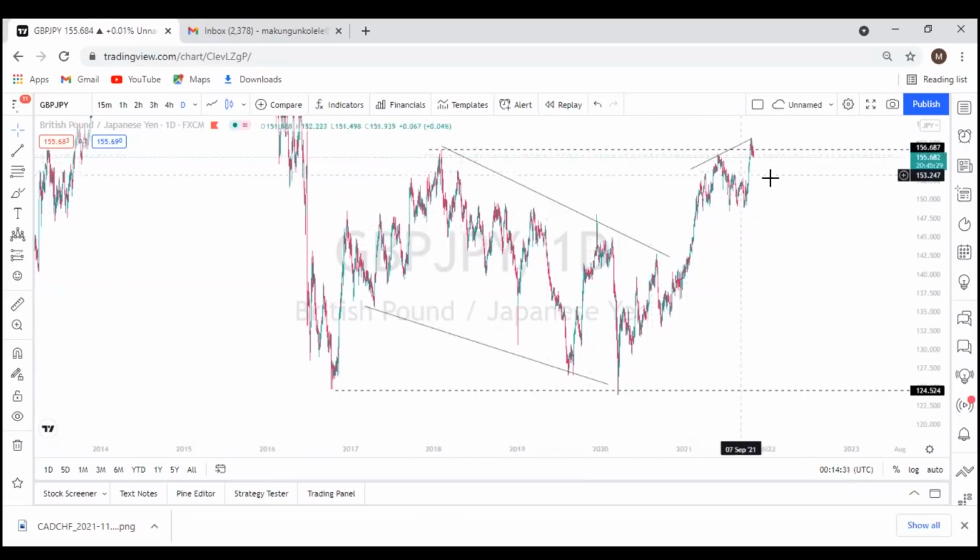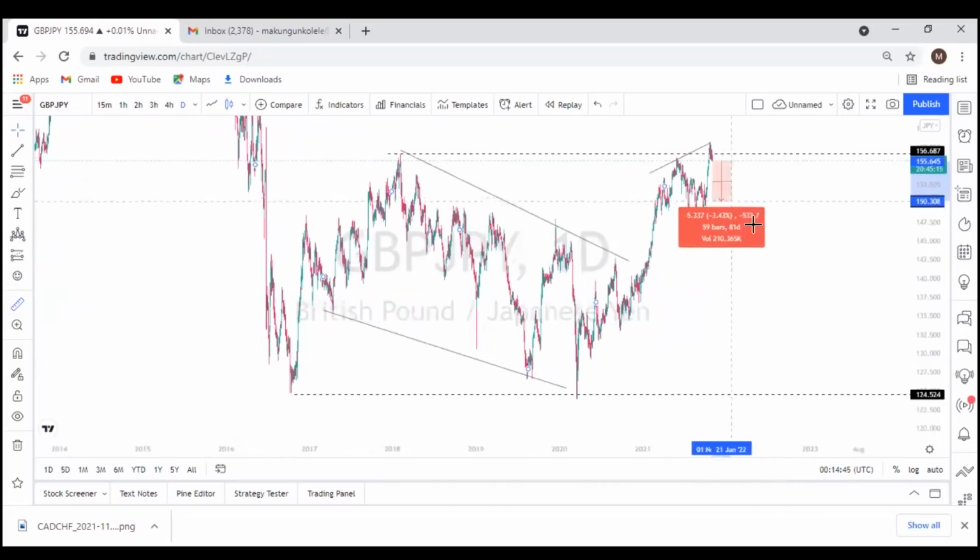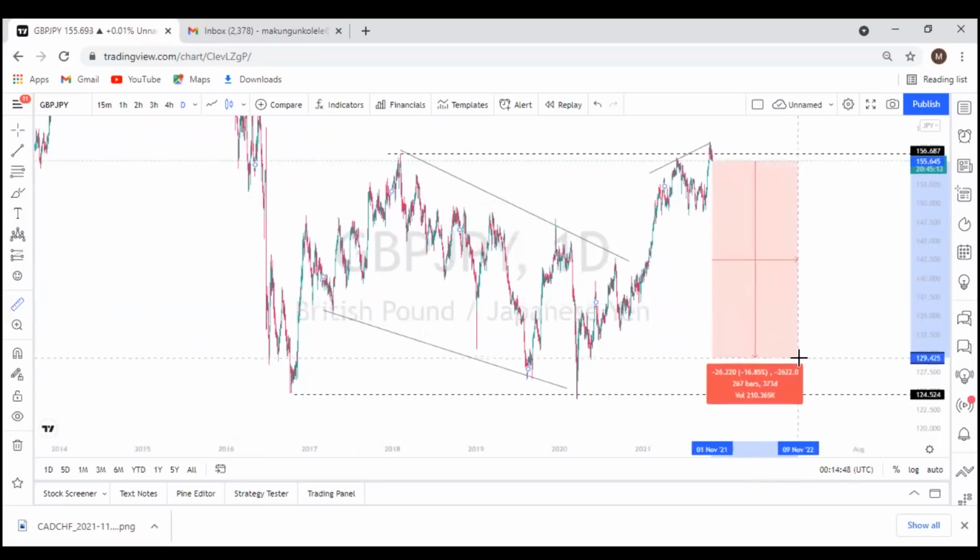It formed a double top and the price sold off aggressively, till, let me just use the measuring tool. So it sold by that much. That is like 16%. So that's just ridiculous. That's huge.